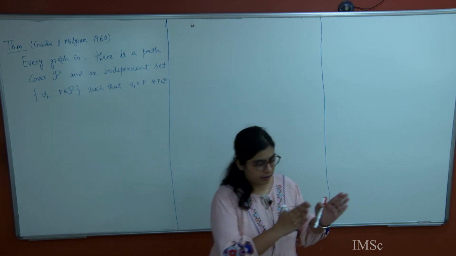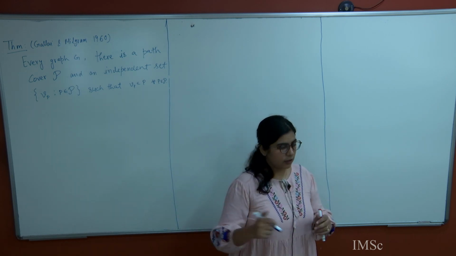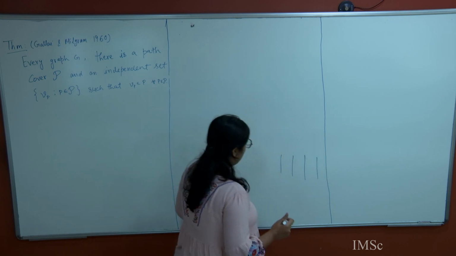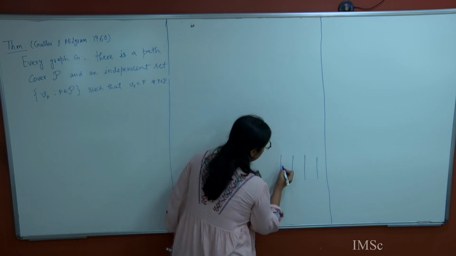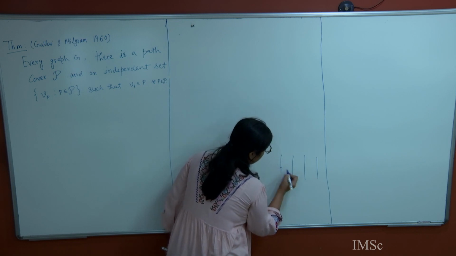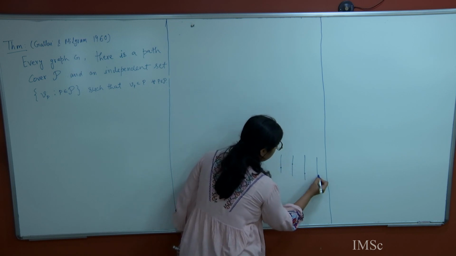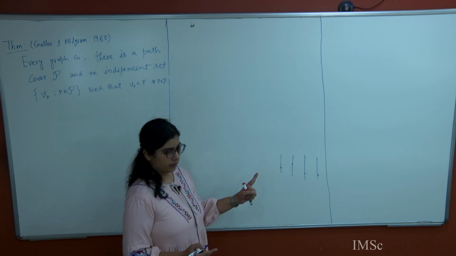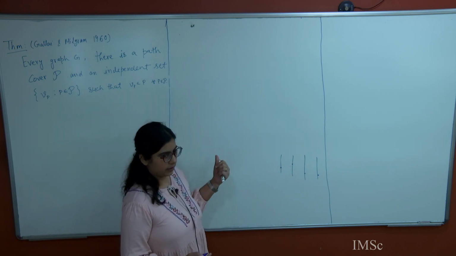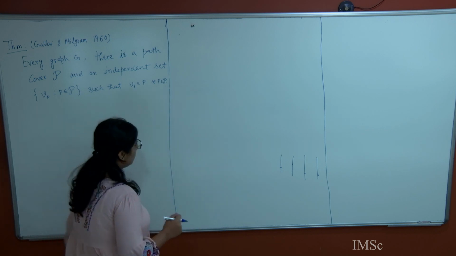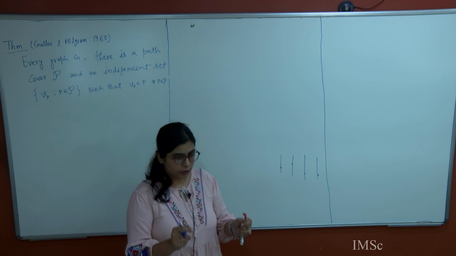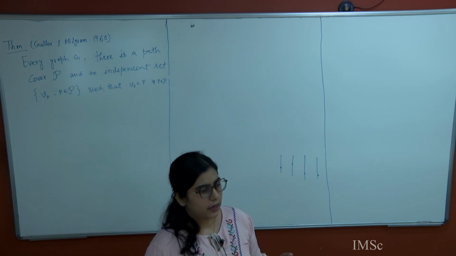So basically, if we have a path cover, there exists an independent set such that each vertex belongs to one path. From each path, we have one vertex in the independent set. And path cover, you remember? A set of disjoint paths which cover the entire vertex set.